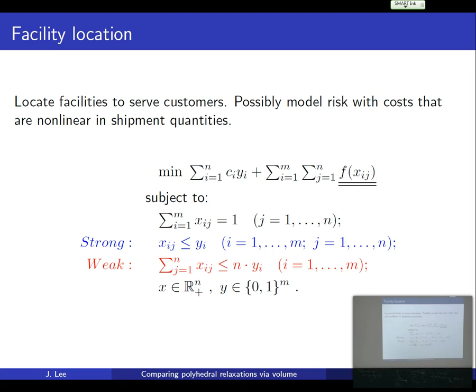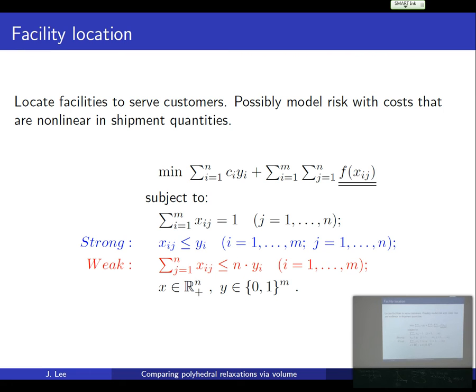Another way to do that is with a big M, which we use as little n here, which is just the sum of these strong inequalities over n. And this has the same effect. If I shut this variable down, turn it to 0, it shuts off all these variables. So it's obvious that the strong formulation is tighter than the weak formulation.